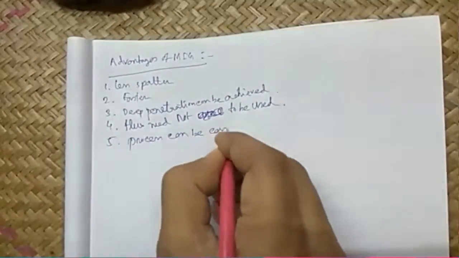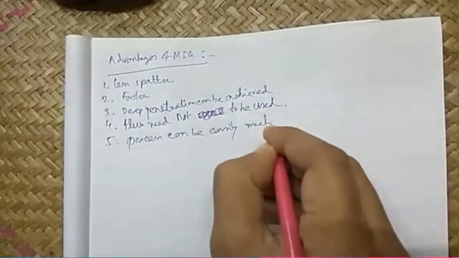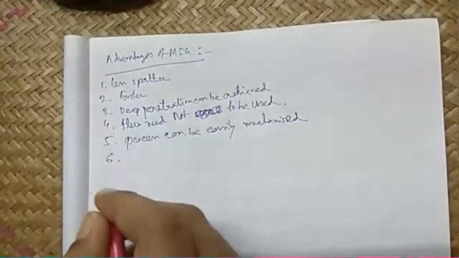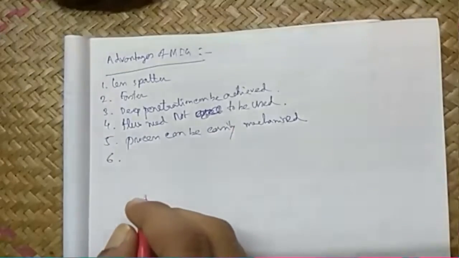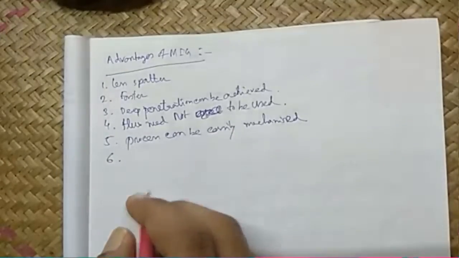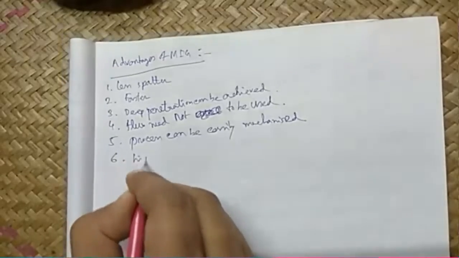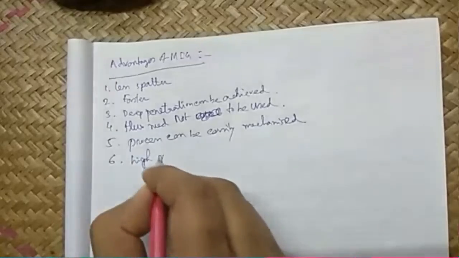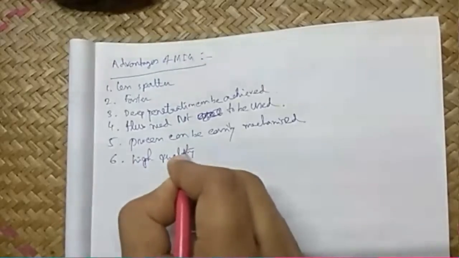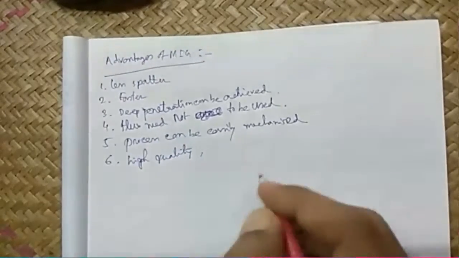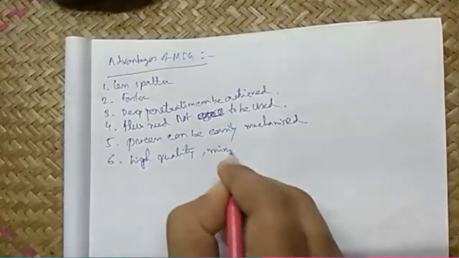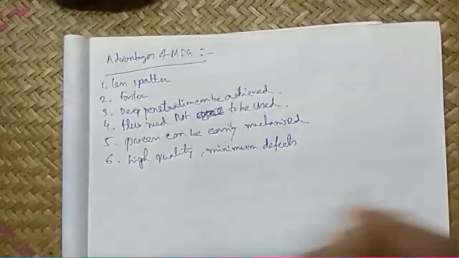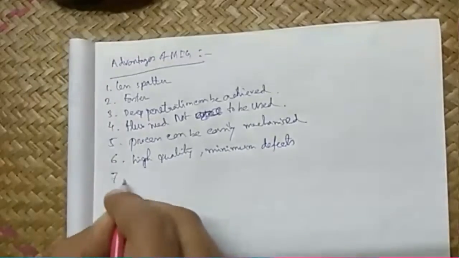Number five, the process can be easily mechanized. Number six, the quality is high and minimum defects are seen in this type of welding.